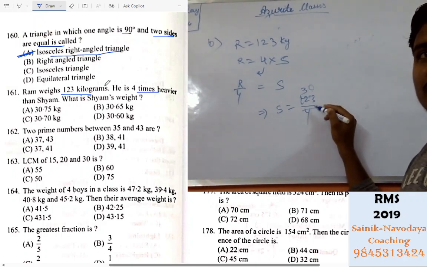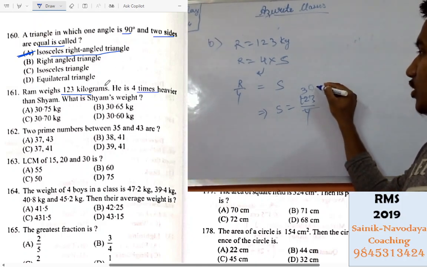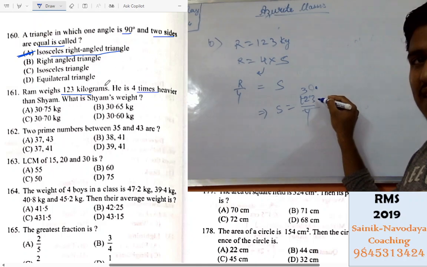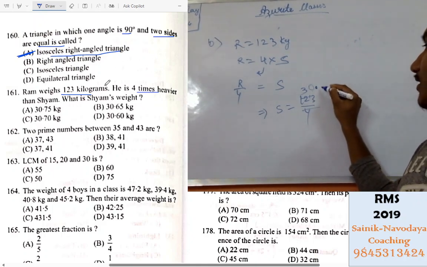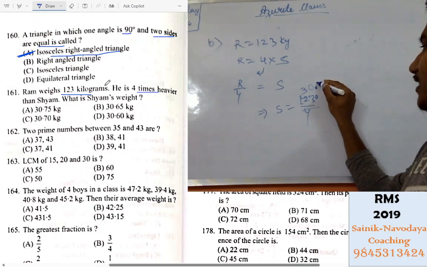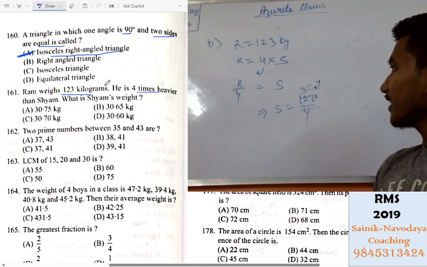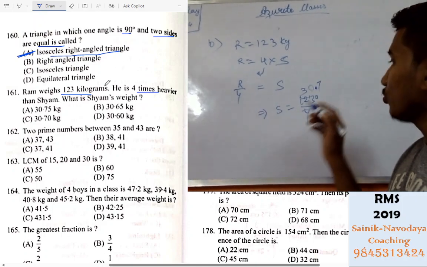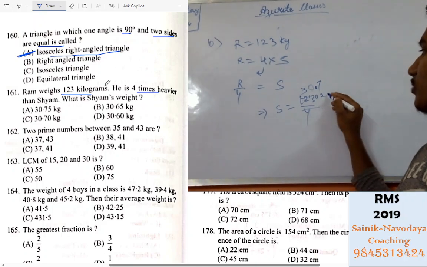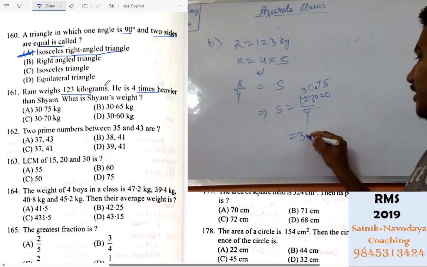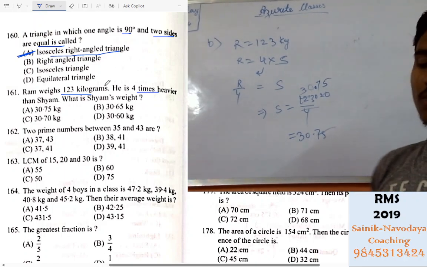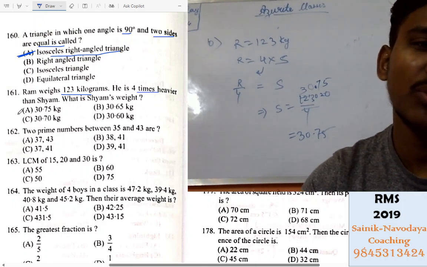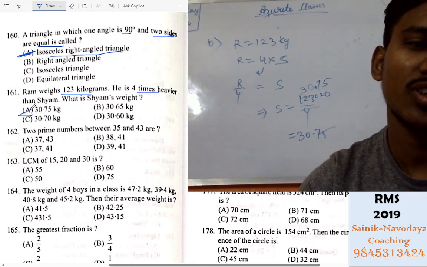Now 3 is again smaller, so point 3 becomes 30. 7 fours are 28, so 30.7, and 2 will be remaining. 4 5s are 20. So 30.75 will be the answer. Option A.